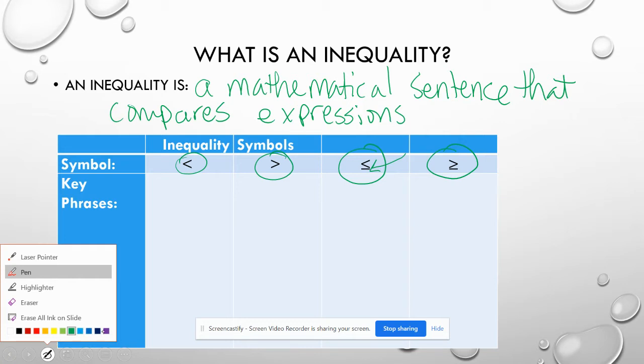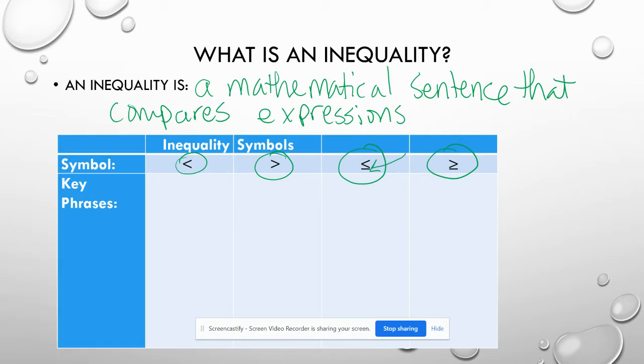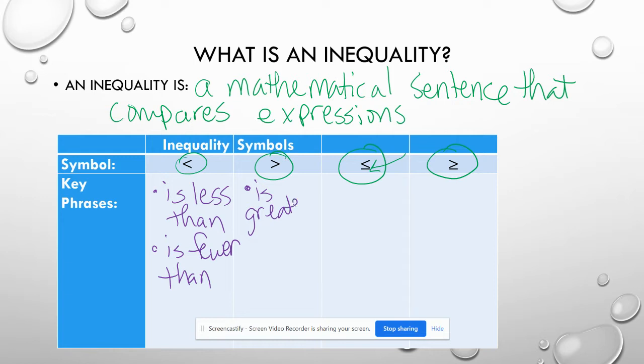Some key phrases that allow us to know which one of these we're using when we're reading a problem would be: "is less than," "is fewer than." Our next symbol is greater than: "is more than."